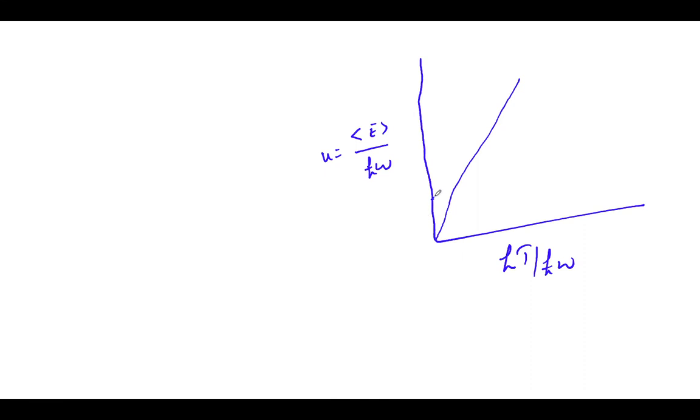This graph is for the quantum mechanical treatment, and it is a curve which goes downward toward the classical, and this is for Planck's oscillator.